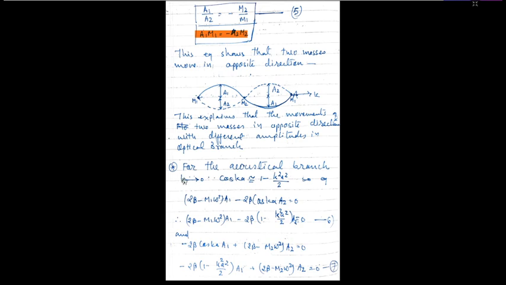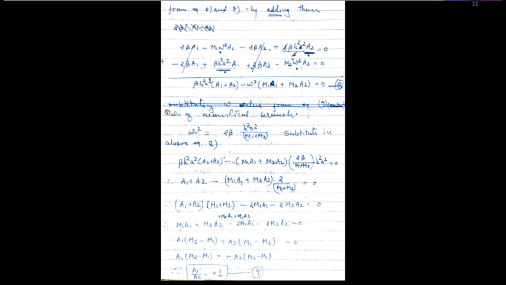The same thing we will be using for the acoustic branch. एकोस्टिक ब्रांच के लिए कैलकुलेशन करने से पता चला that you can go through these equations and it's a very smooth equation, not at all to worry at all, and finally you are able to get A1 upon A2 is equal to 1. Now this equation is again a very interesting equation, and if I take the denominator A2 on RHS, so it says that A1 is equal to A2.